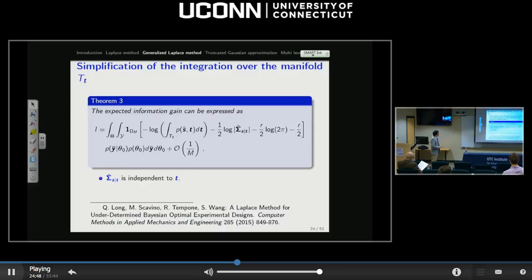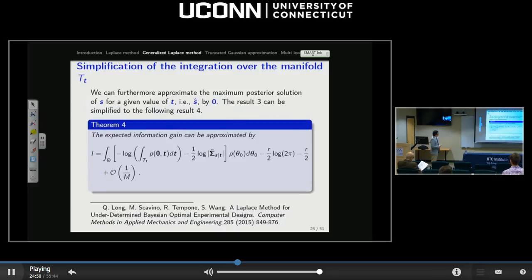And if we furthermore approximate s hat, the MAP estimation, using the true parameter, based on Bayesian consistency, you will recover the true parameter. And you can remove the integration over data, and there's only one integration over the parameters.